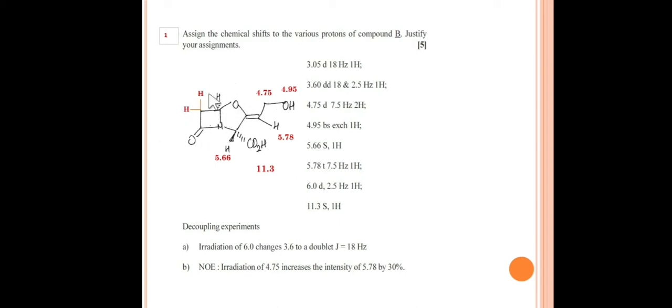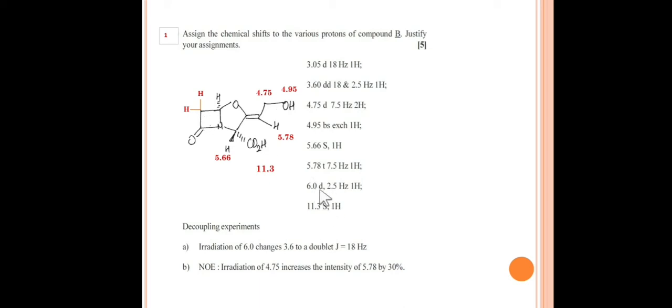Okay. Now let's go for these three protons. In these three protons, we have one proton which is between oxygen and nitrogen. That means it will be more downfield than 5.66. That means this signal at 6.0 ppm showing a doublet of 1H will be associated with it, but it is only showing a doublet. That means it is not coupling with one proton.